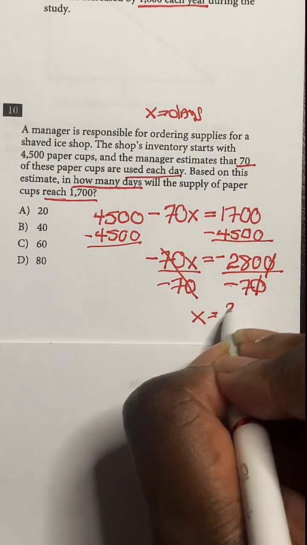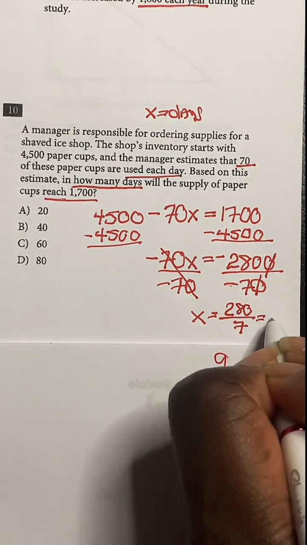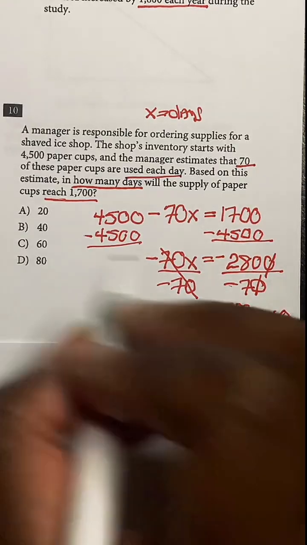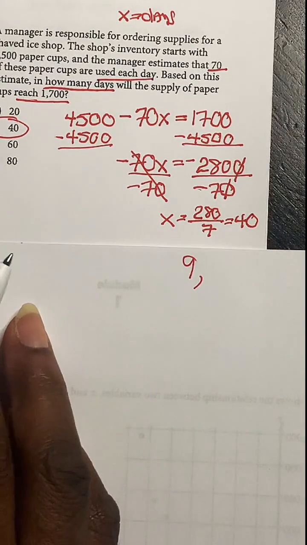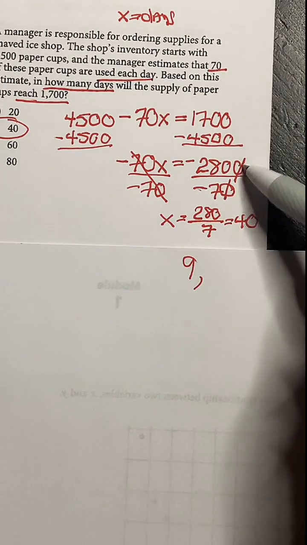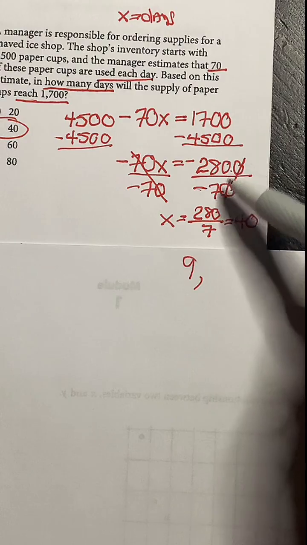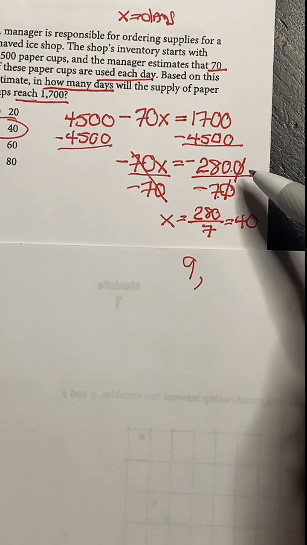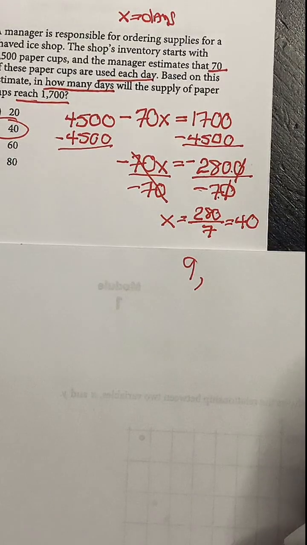So I actually have 280 over 7, which will give me 40. Instead of dealing with larger numbers, if they both end in 0, cancel that set out. Now you just have to worry about 280 divided by 7 instead of 2,800 divided by 70. Make it a little bit easier for yourself.